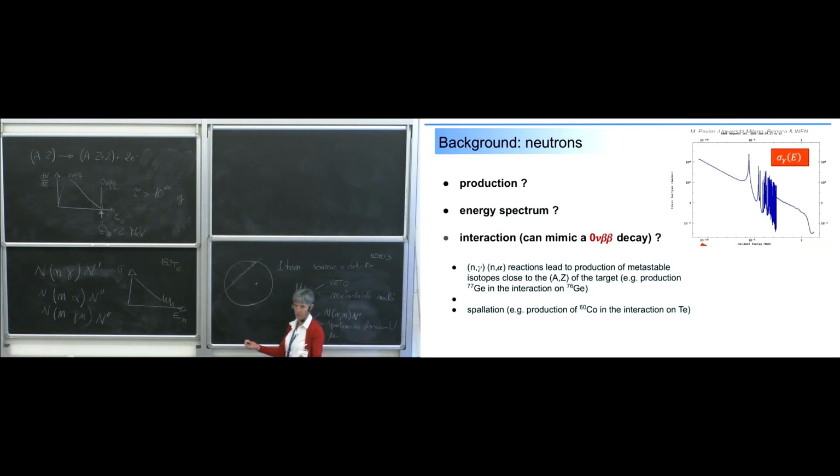So this is an example of neutron-induced background through a metastable state, that of cobalt, a long-lived isotope produced by neutrons.